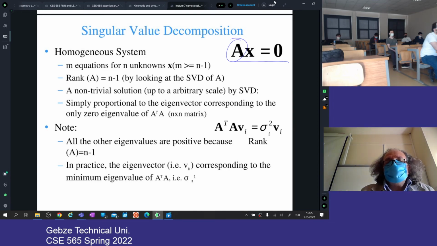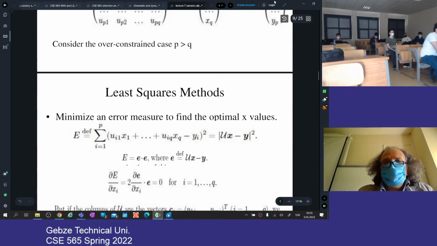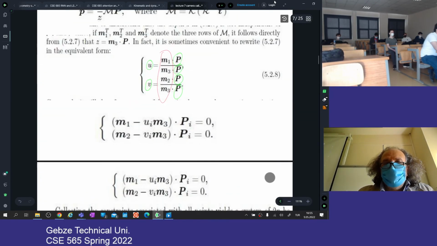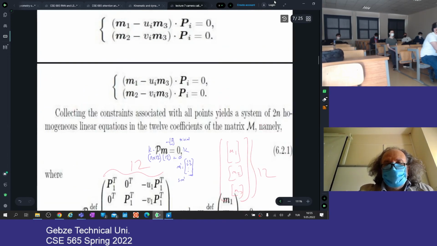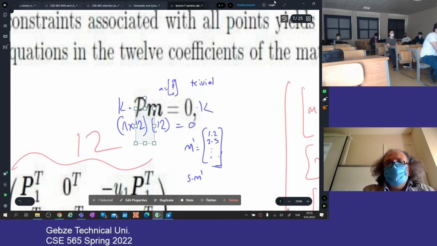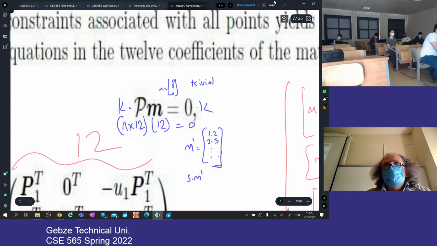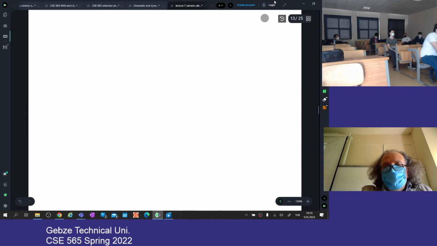So that's how we are going to solve this equation. Take the singular value decomposition of P and take the last column of matrix V, and that will be your solution.